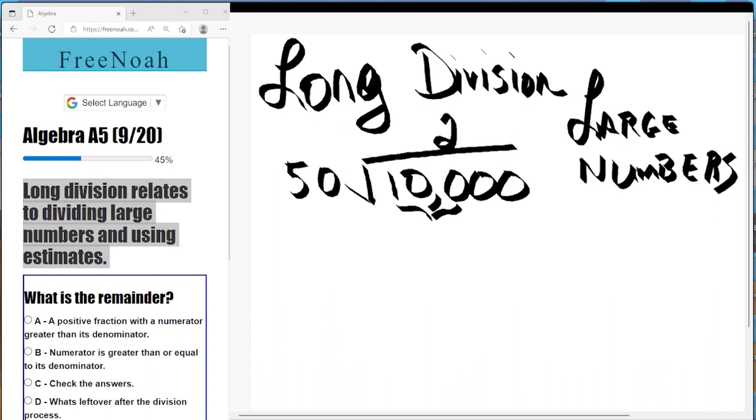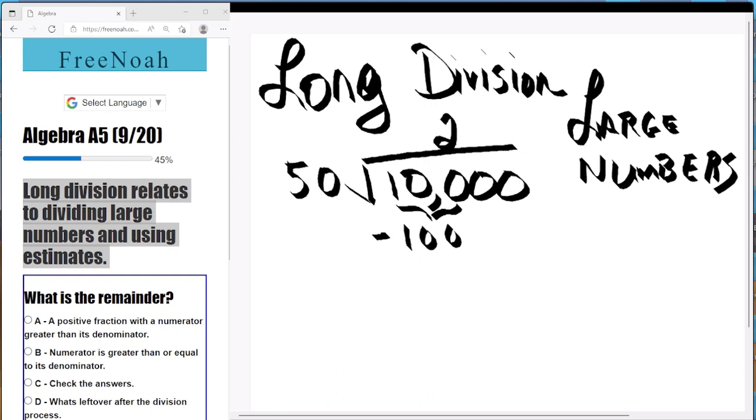Now, the next step here is to multiply 50 by this 2 that I just placed on top of the zero of 100. 50 times 2, well, that's going to give us a product of 100.